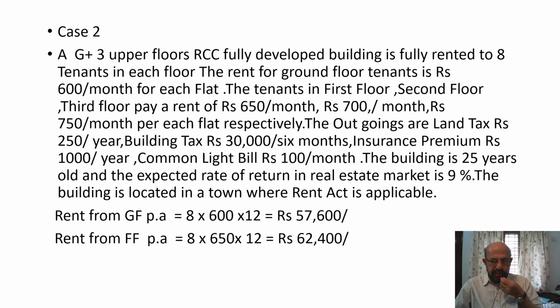The outgoings are land tax rupees 250 per year, building tax rupees 30,000 for 6 months, insurance premium rupees 1,000 per year, common light bill rupees 100 per month. The building is 25 years old and the expected rate of return in the real estate market is 9%. The building is located in a town where the Rent Act is applicable.